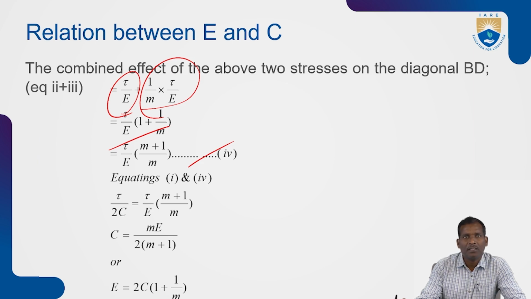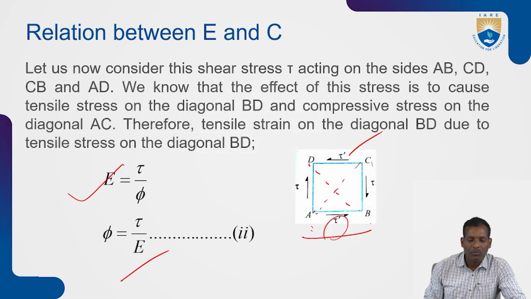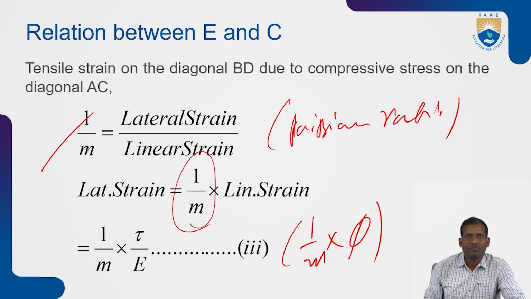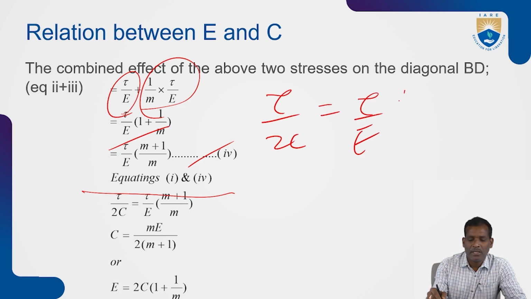Now equating the 1st and 4th. So what is the 1st? The first equation is phi by 2 is equal to tau by 2C. So now tau by 2C is equal to the fourth one, tau by E into m plus 1 by m.